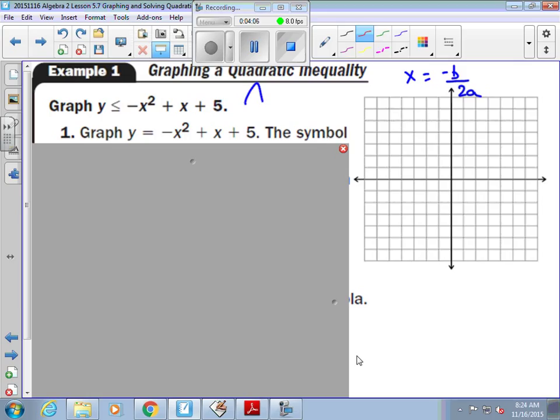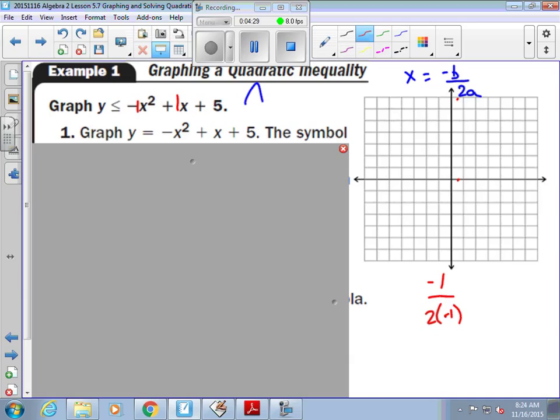So negative b is negative 1, over 2 times a's value, which is negative 1. So notice it's a negative over a negative, which is going to be a positive 1/2. So x's value is positive 1/2. So your axis of symmetry, if that was 1, then this is 1/2.